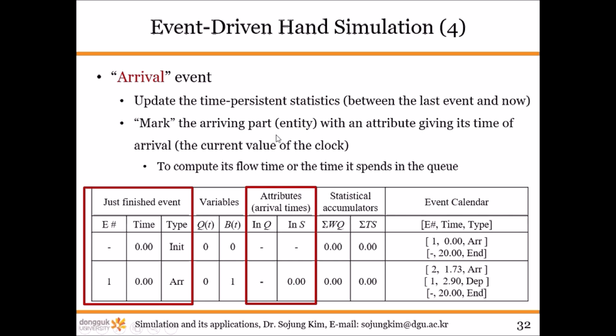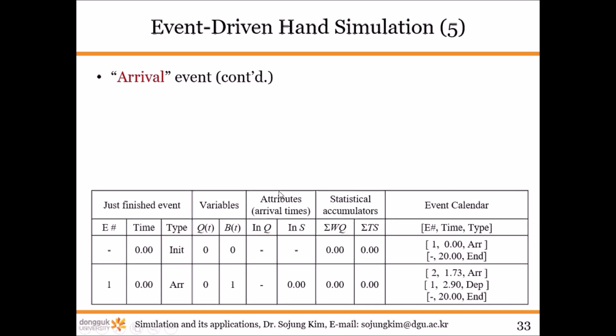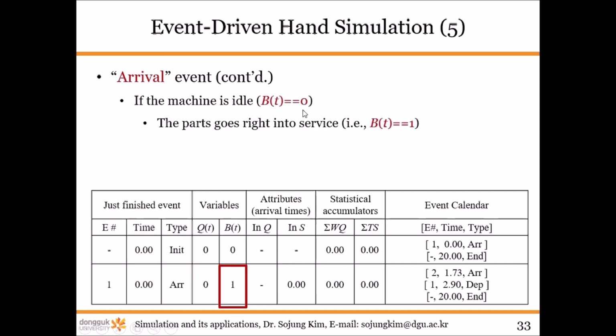and marks the arriving part with an attribute giving its time of arrival, in order to compute its flow time, or the time it spends in the queue. If the machine is idle, which means BT equals 0, then the part goes right into service. I mentioned this before.